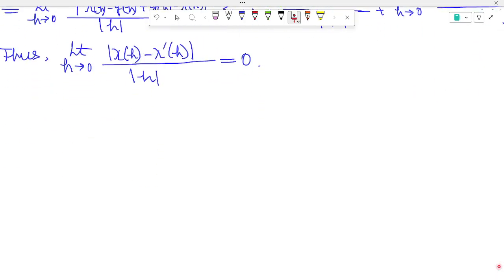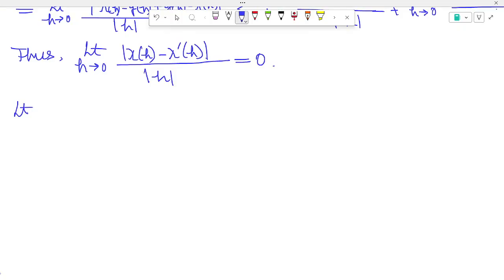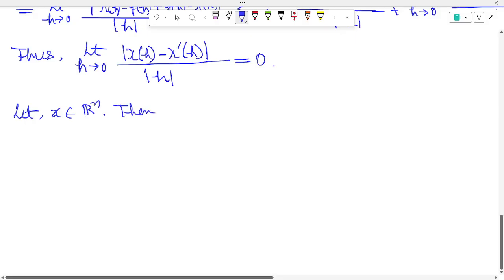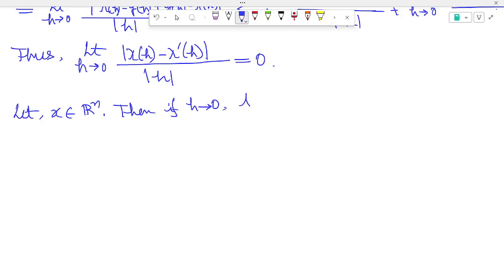Now I will prove it for anything. Let x belong to R^n. Then if h tends to 0, then t x also tends to 0.